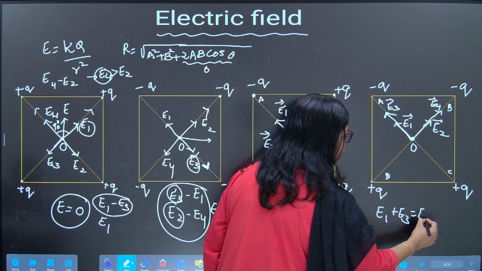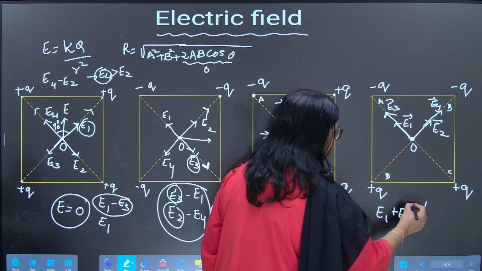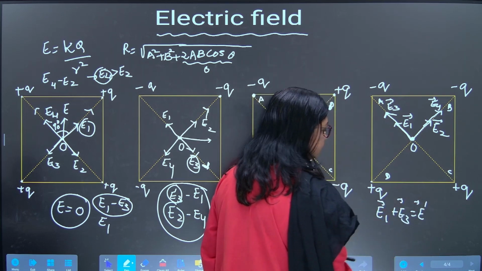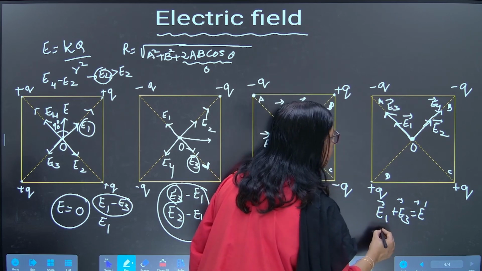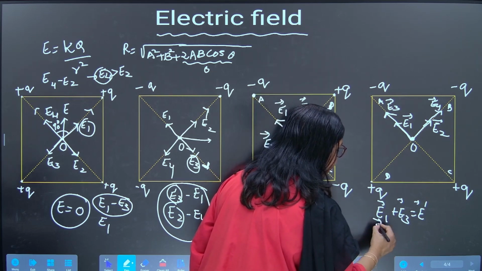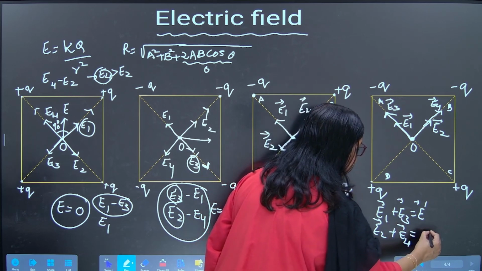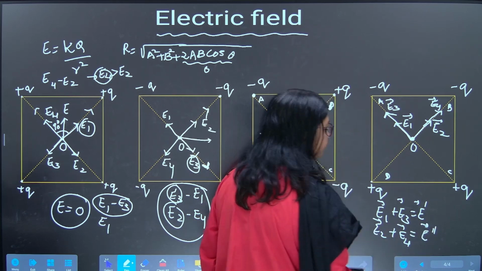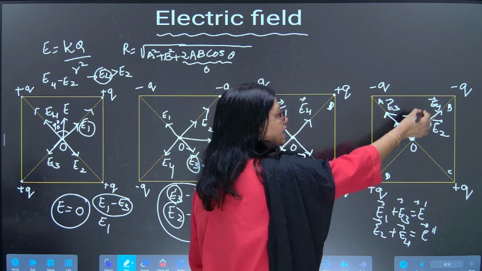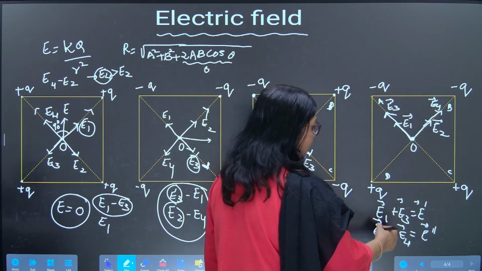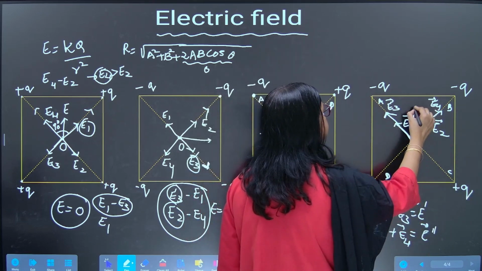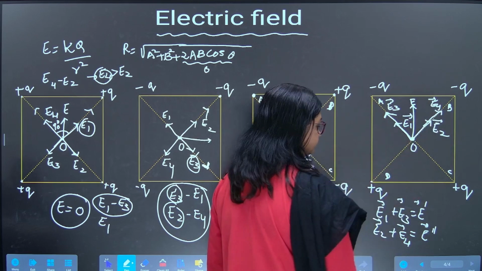Let me write it as E dash. Okay. Then I also have to add E2 and E4. Let me write it as E double dash. So the resultant of these two is ready with me as a magnitude. Then what is my E?